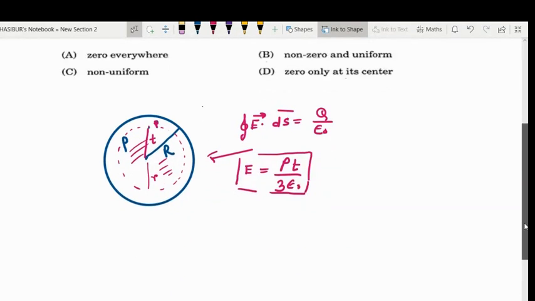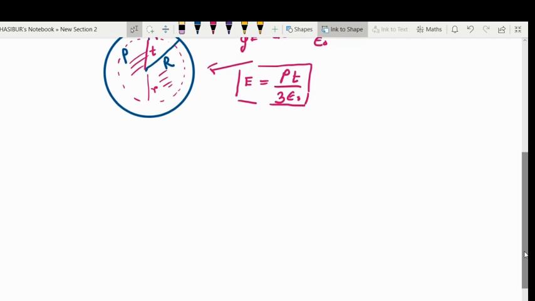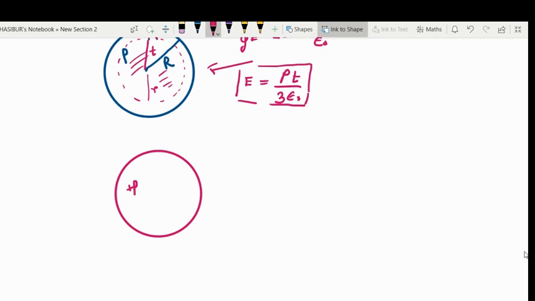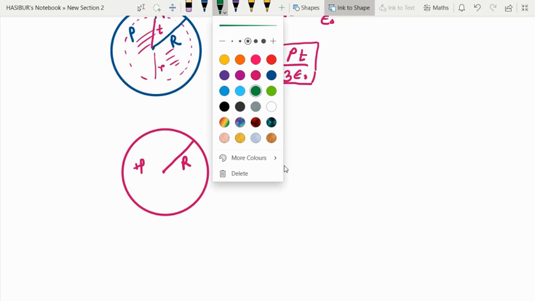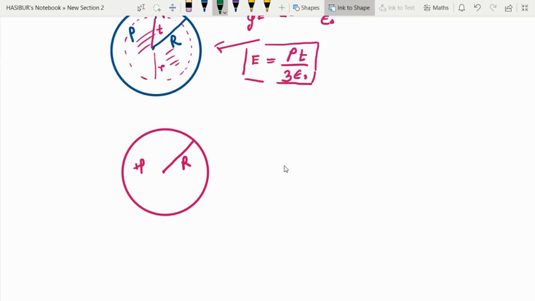So first, we can take a solid sphere of charge density plus rho, which has radius capital R. Now we can draw a small sphere which has charge density minus rho and a smaller radius.